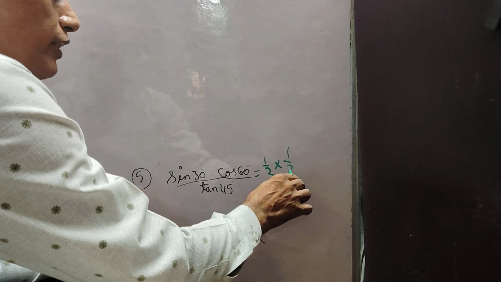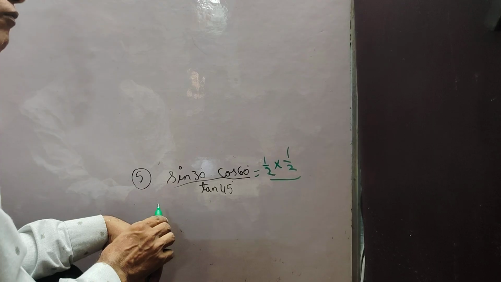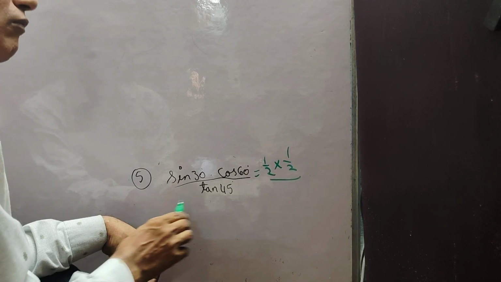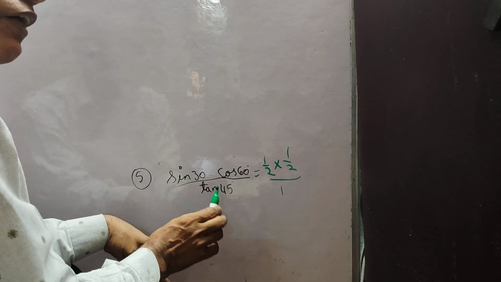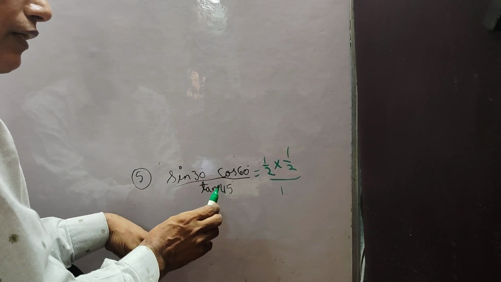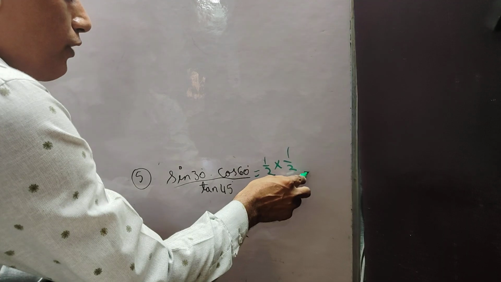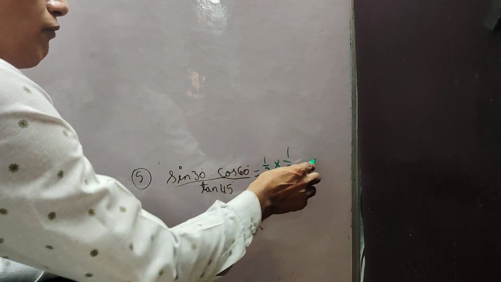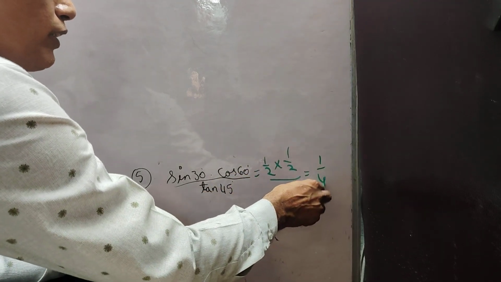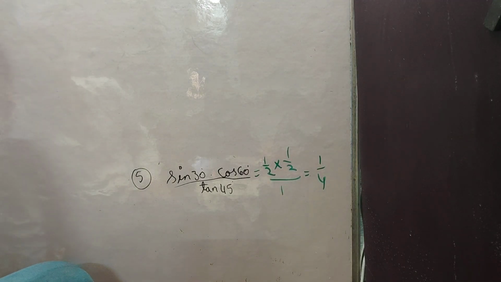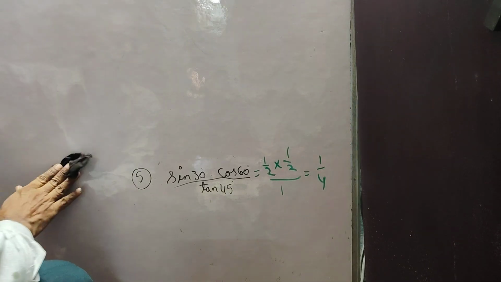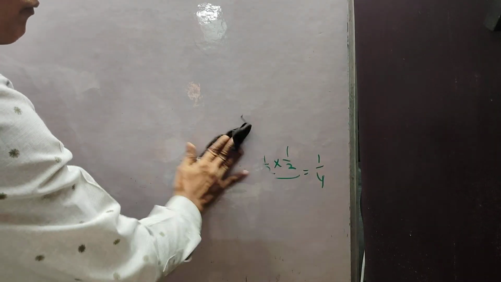And what is tan 45? 1. In the denominator there is 1, so no problem. In numerator 1 times 1, 2 times 2 is 4. So 1 over 4 is the final answer.